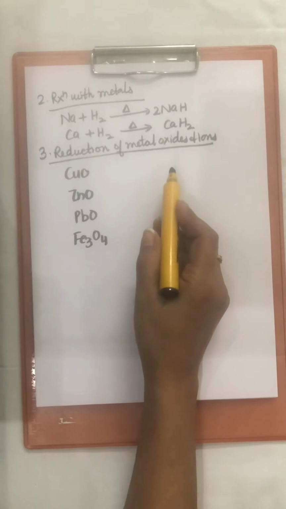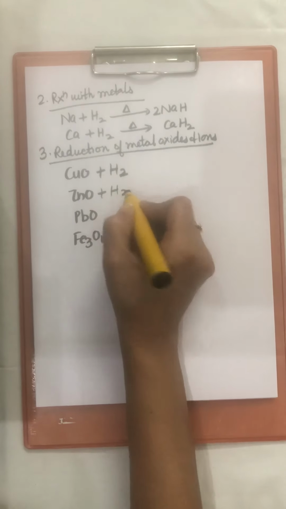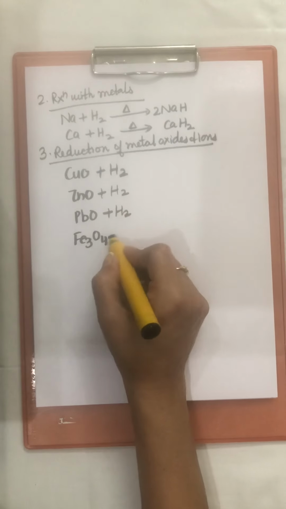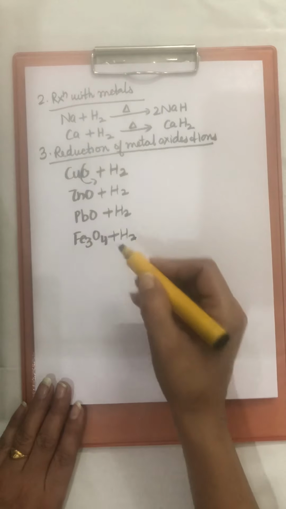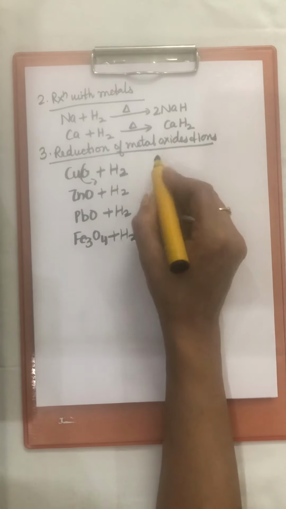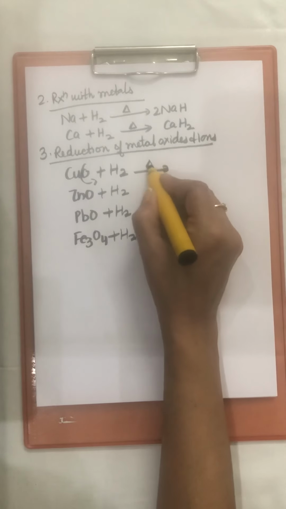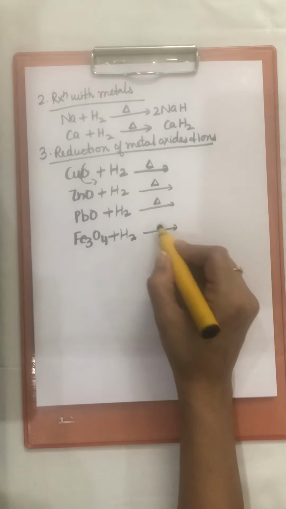With metal oxides, hydrogen reacts and does their reduction. It takes out the oxygen from these, that is, it does the reduction of metal oxides on heating. All these reactions take place on heating.